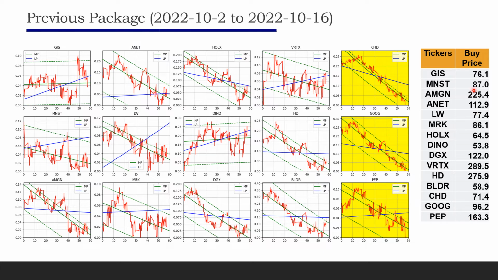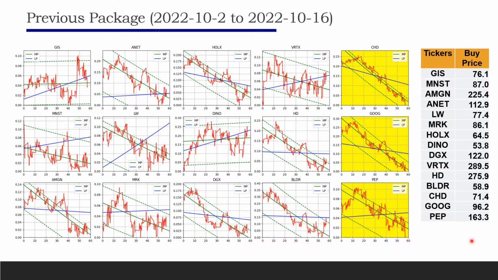And here you can see the buying price. This price is the price at market close on Friday. Since I usually buy the new package on Monday, the price at which I buy is a bit different from this price.